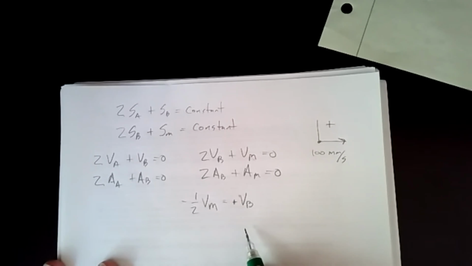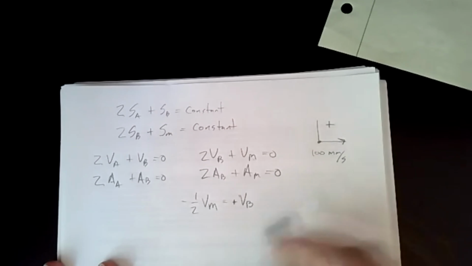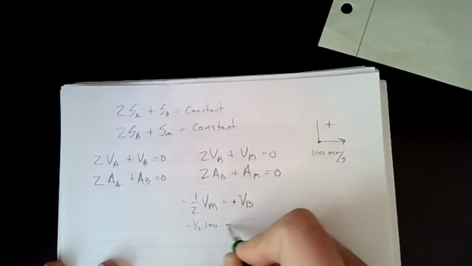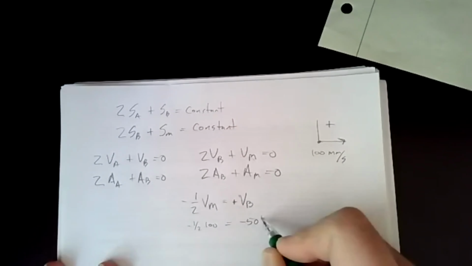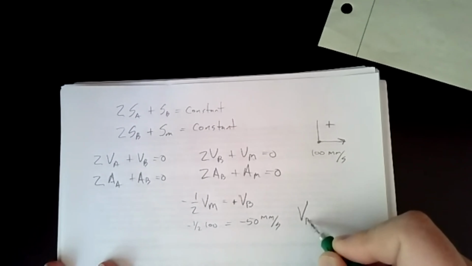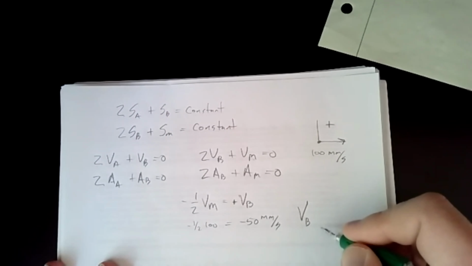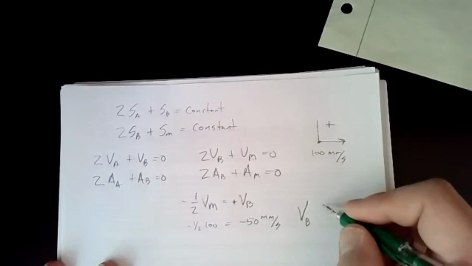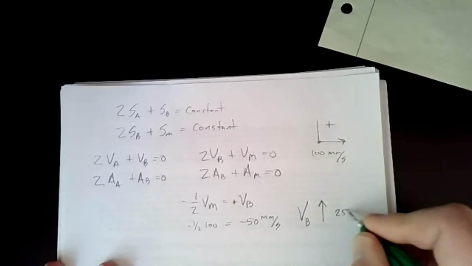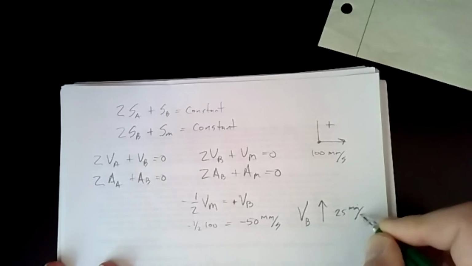Essentially we have a positive 100, so negative a half of 100 gives us negative 50. That means that VB, if we define down as positive, is going up at a rate of 25 millimeters per second.